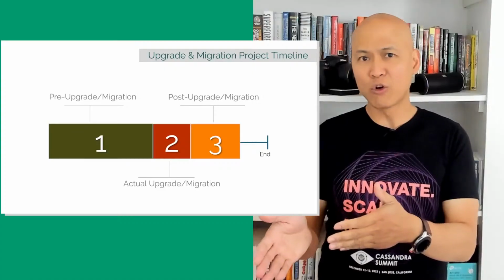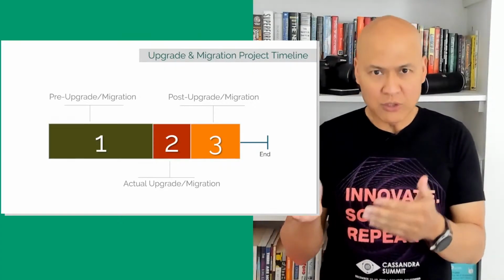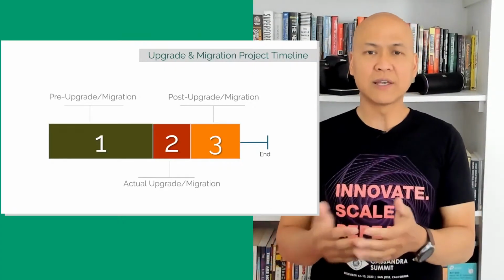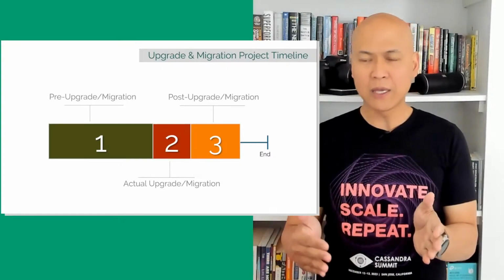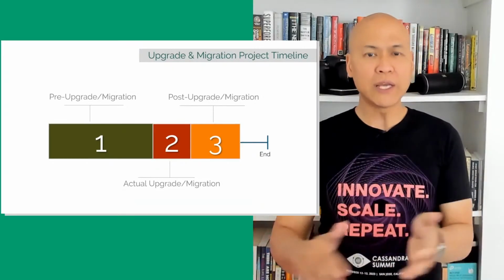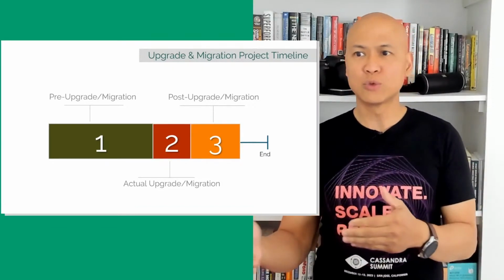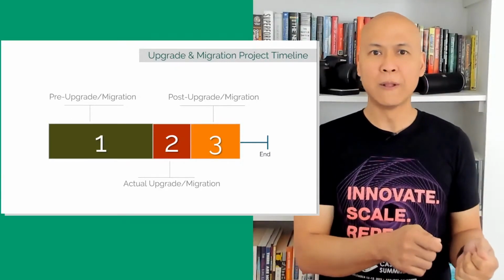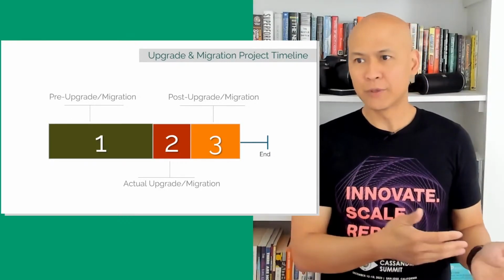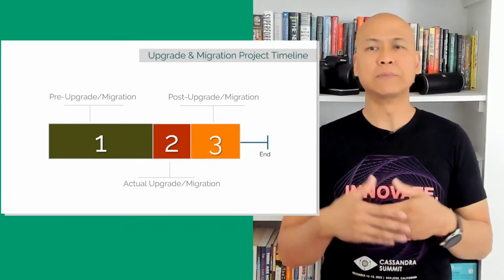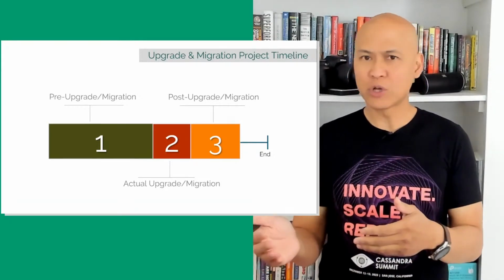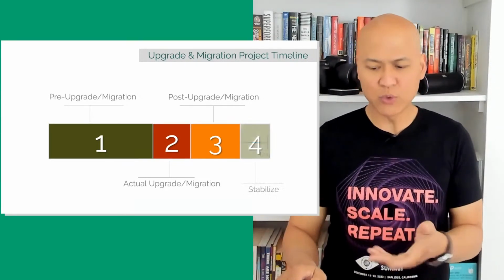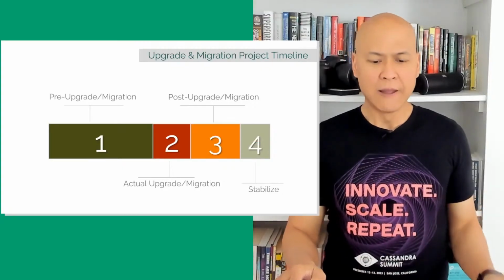You've already cut over to production, but you're still in the process of stabilizing the environment, meaning slowly inching into the old business as usual setup. So running your typical jobs, running the administration and maintenance jobs, making sure that they still run, and eventually the stabilization phase.